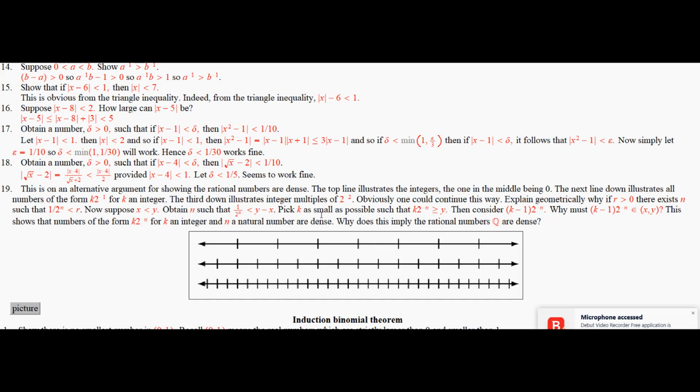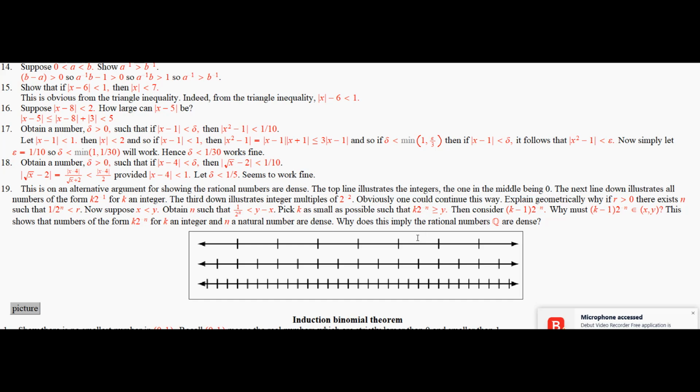Now, suppose you have a couple of points, x and y, on the number line. Then I could pick n so large that 1 over 2 to the n is smaller than the difference of these. And these x and y would be somewhere on the number line. So I could look at the bigger of the two, and I could find the smallest value of k such that k times 2 to the minus n is bigger than or equal to y.